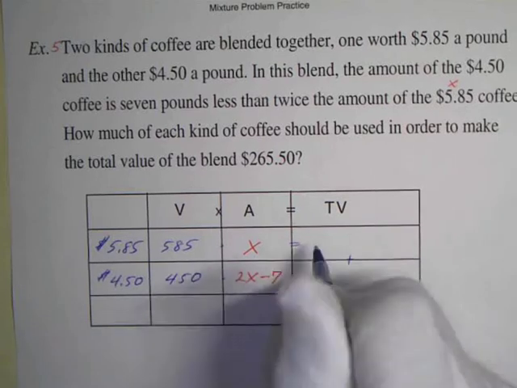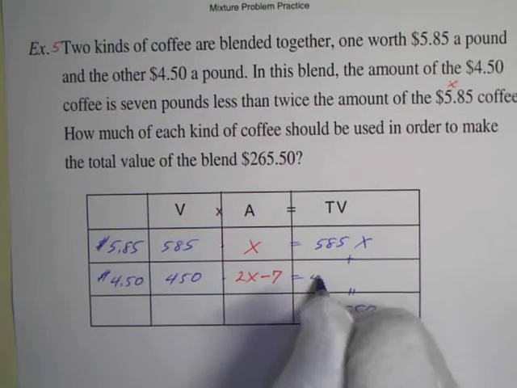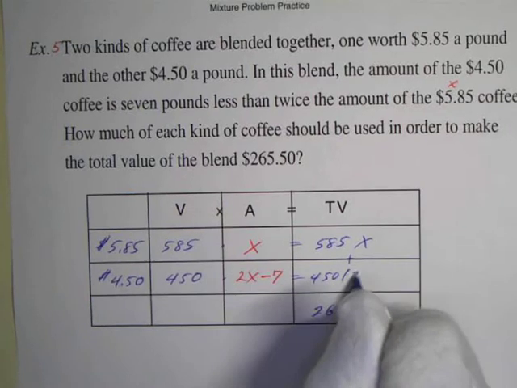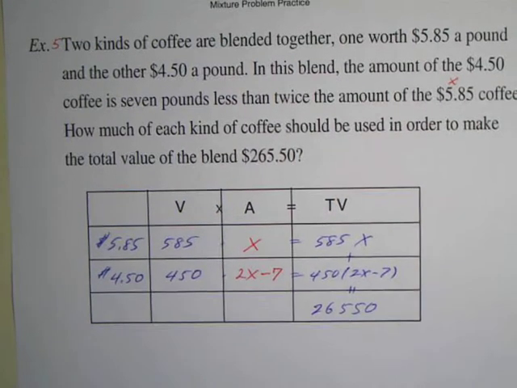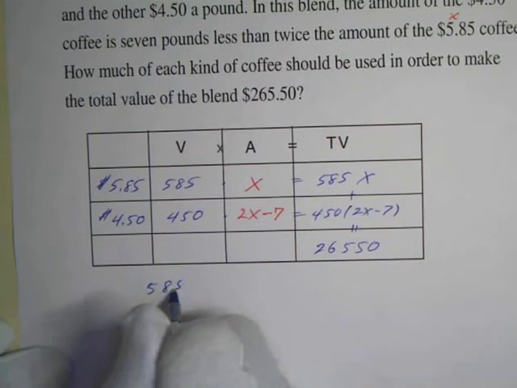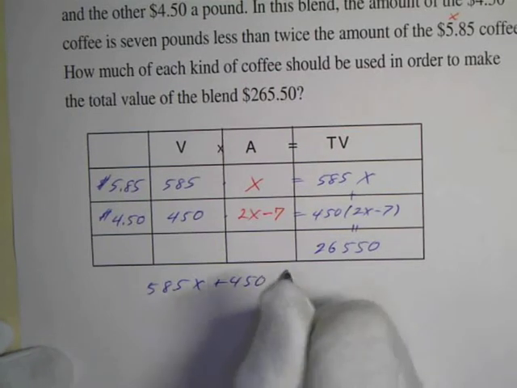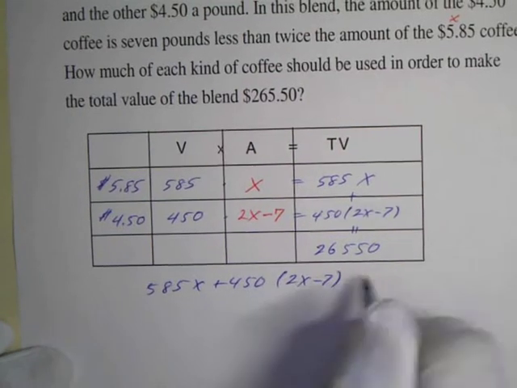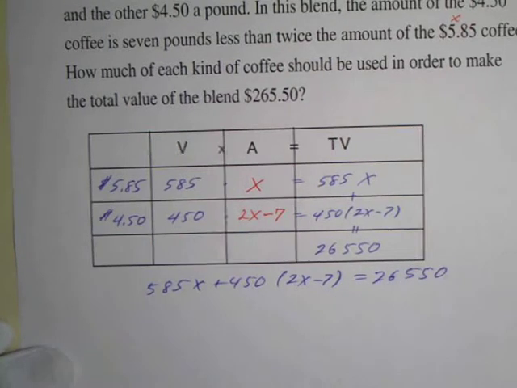So we'll multiply across, and I get 585 times x plus 450 times (2x minus 7). And there's my equation. So 585x plus 450 times (2x minus 7) equals 26,550 cents.